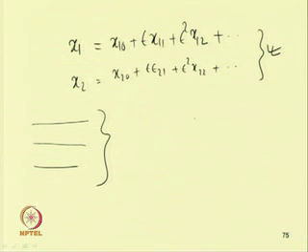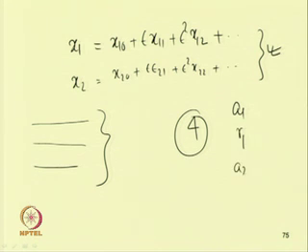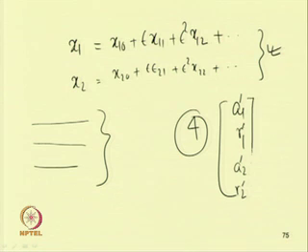In this case we will have 4 reduced equations: one in terms of A1, another in terms of gamma 1, then A2 and gamma 2. So, we will have A1 dash, gamma 1 dash, A2 dash and gamma 2 dash. So, we will have 4 equations, unlike in case of a single degree of freedom system where we have 2 equations.